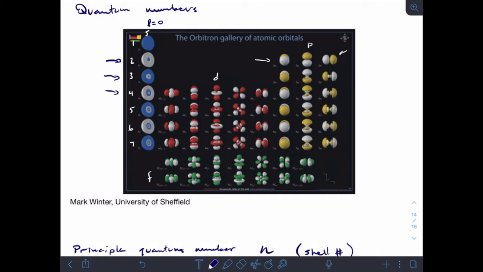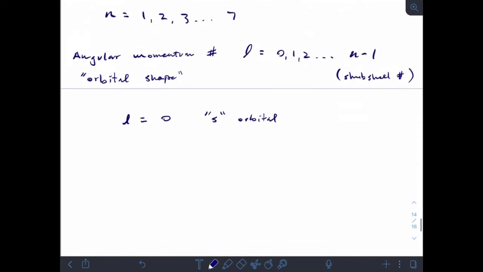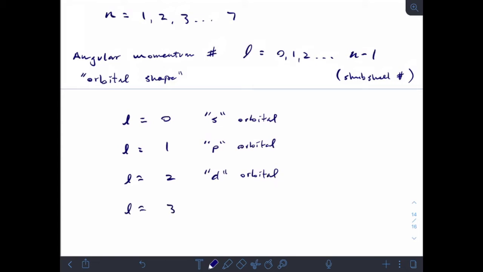So I can have a 5s, I would say 5,0. l equals 1 is a p orbital. l equals 2, that's a d orbital. l equals 3, that's an f orbital.